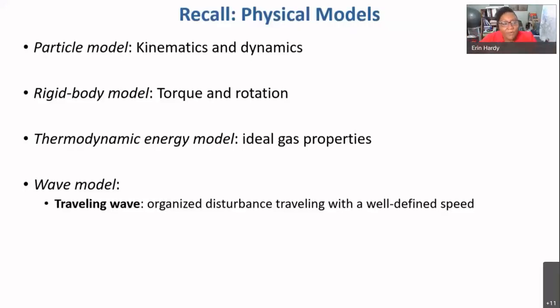I don't recall whether I used the term thermodynamic energy model when we were in the 4th unit of semester 1, when we were learning about the difference between translational kinetic energy and microscopic kinetic energy, or when we were talking about the ideal gas law and the first law of thermodynamics. But that in and of itself was a model as well.